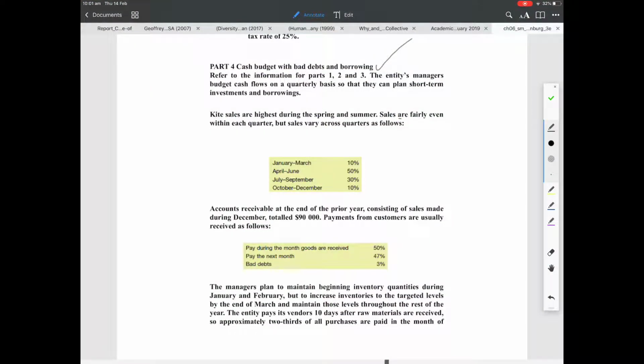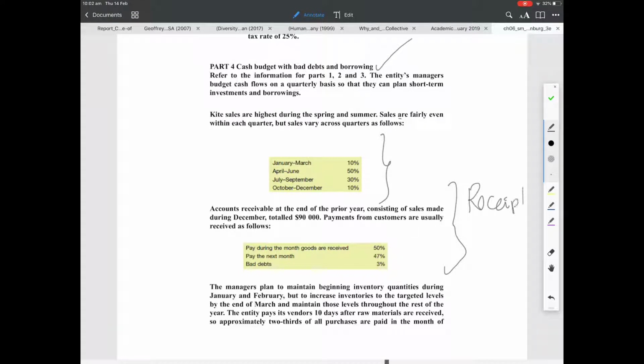So you see that the first thing is the sales collection. Here's the sales pattern. You remember you have the total sales budget of 80,000. Then it is distributed in each of the quarters following this pattern. And then from sales you can collect money. That is the source of money collection, the receipt.